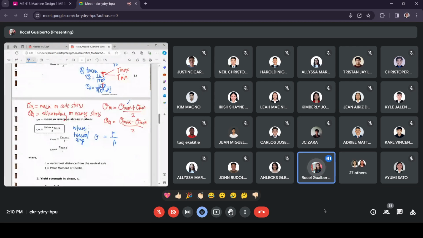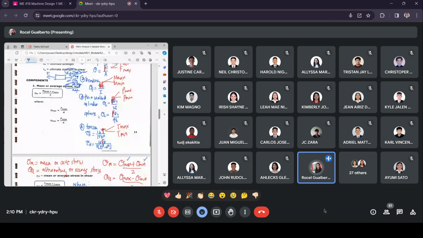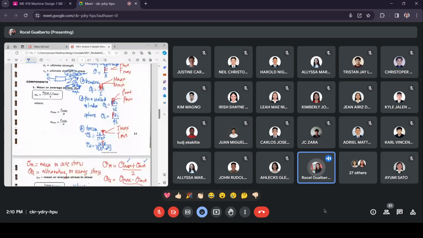You will be using maximum force, so F max over the area. If you want sigma minimum, it would be F minimum divided by the area. So in our sample, F minimum would be the 5 and F max would be 20.